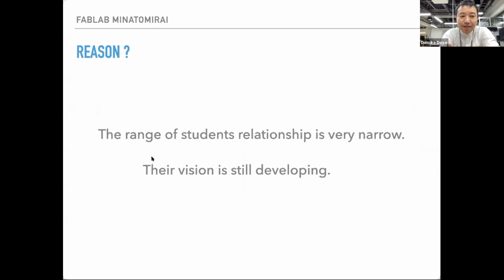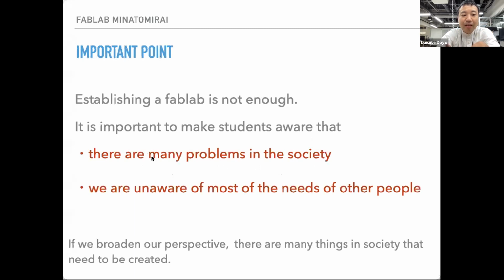The reason is the range of students' relationships is very narrow, so their vision is narrow too. So the vision is still developing. The important point is that establishing a FabLab is not enough.